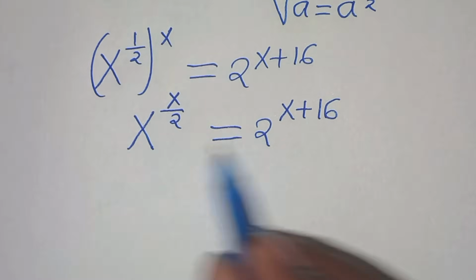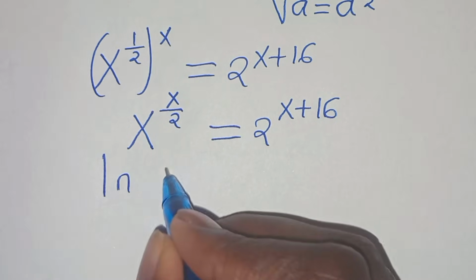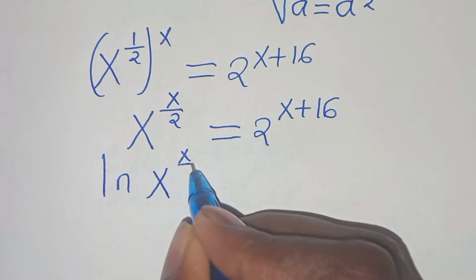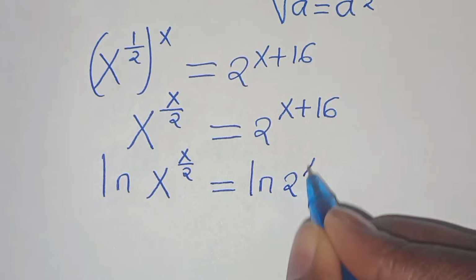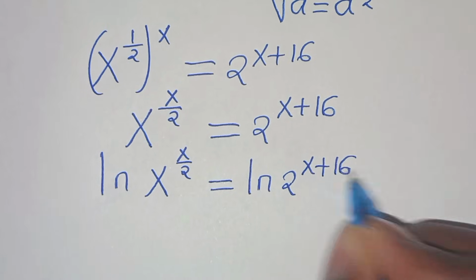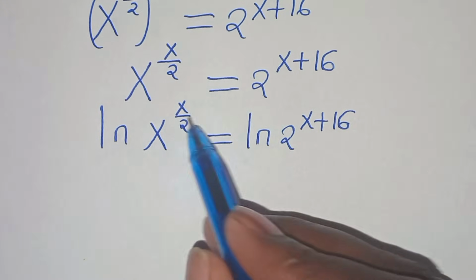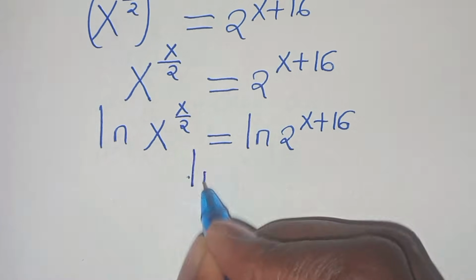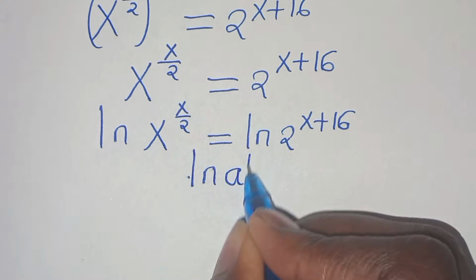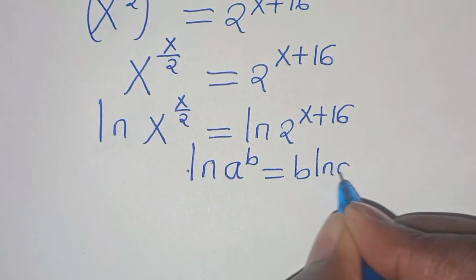The next step is to introduce natural log on both sides so that we have ln of x to the power of x over 2. This is equal to ln of 2 to the power of x plus 16. Now, ln of x to the power of x over 2 and ln of 2 to the power of x plus 16, this is in the form of ln of a to the power of b, which we can express as b ln of a.